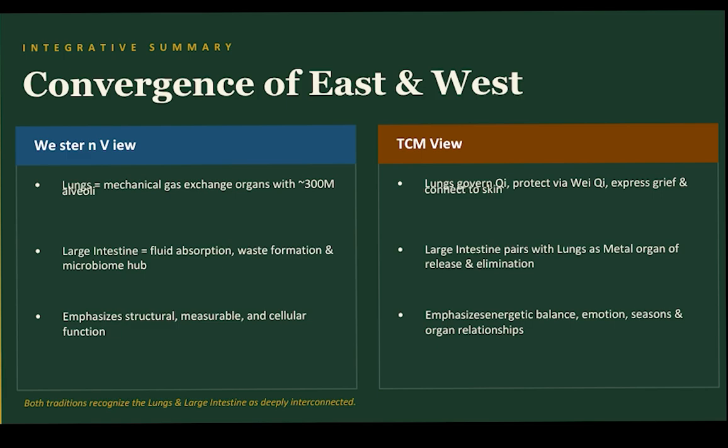So again, the lungs' strongest activity is going to be 3 a.m. to 5, along with the colon. The element is metal, which is about our ability to have boundaries with others as well as ourselves. Metal is going to manifest in body tissue such as skin and hair, as well as lymph.